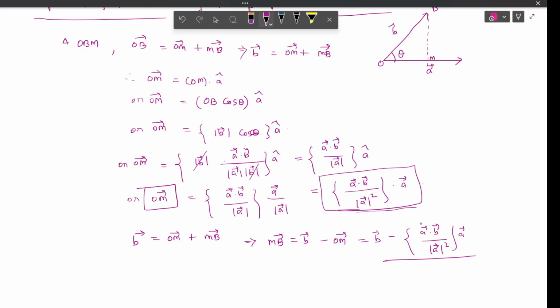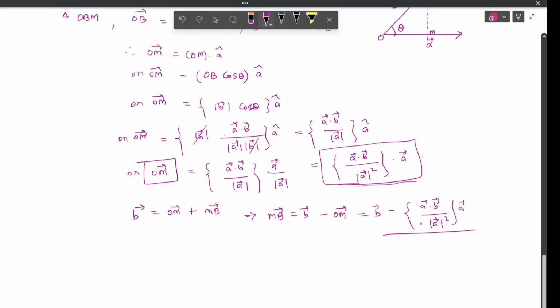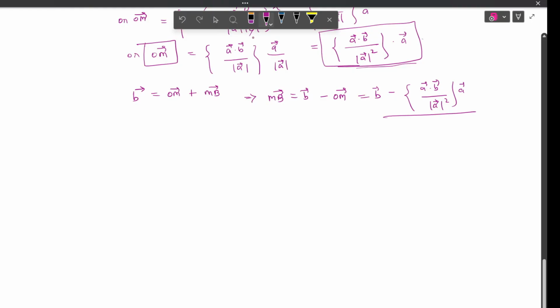Now let us see some questions to understand the application of dot product.